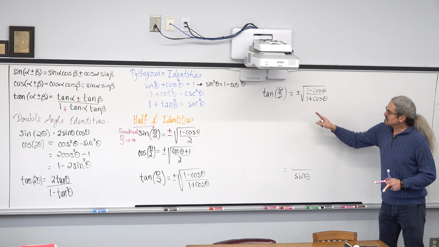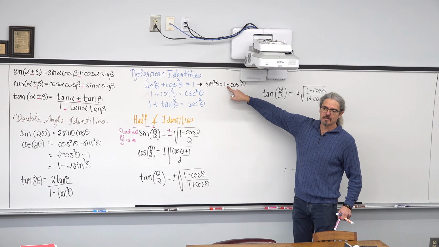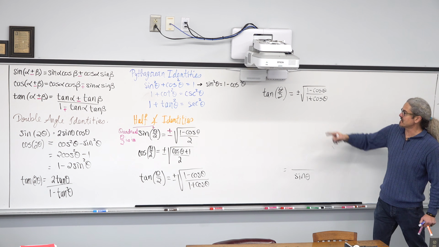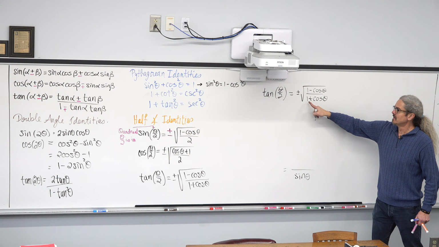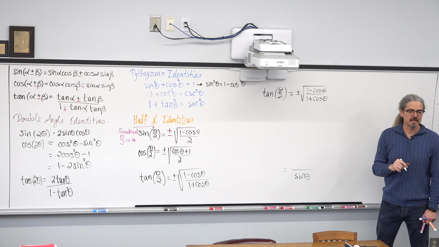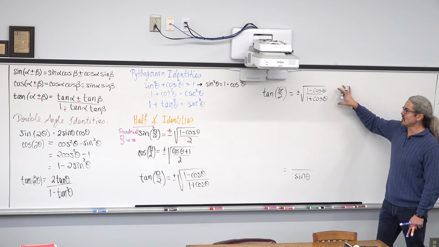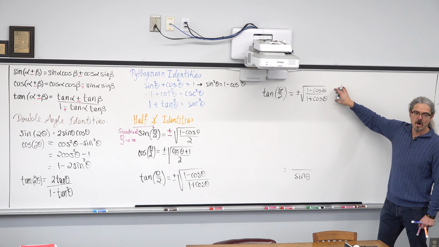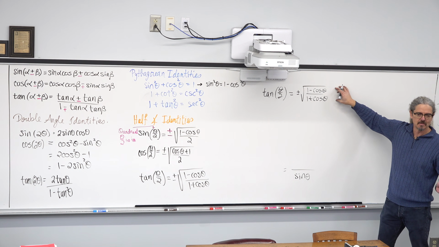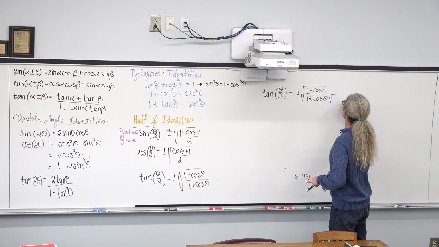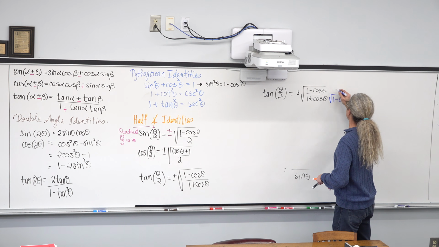So a difference of squares is created when you multiply two conjugates together. Like Carl said, he knows that 1 minus cosine theta times 1 plus cosine theta is 1 minus cosine squared theta. And that's exactly what we're going to do. We're going to multiply this expression by a form of 1, so it'll look different but not change its value, just like you do when you add fractions. So we're going to multiply the numerator and denominator by the square root of 1 minus cosine of theta.